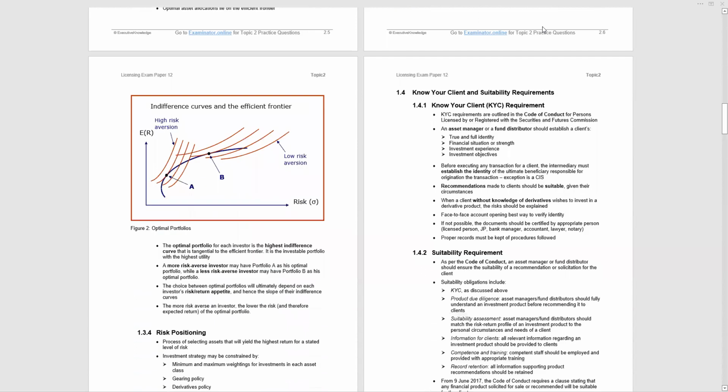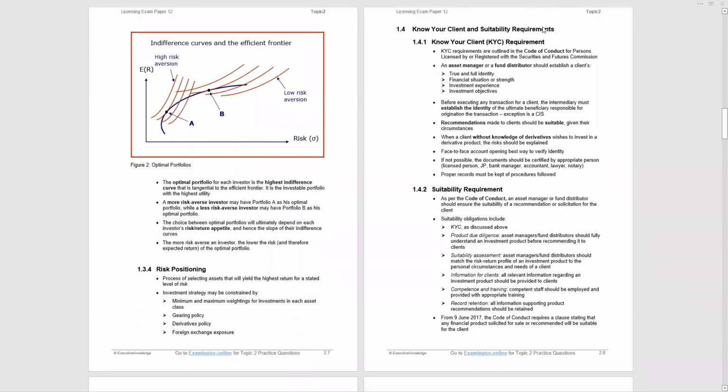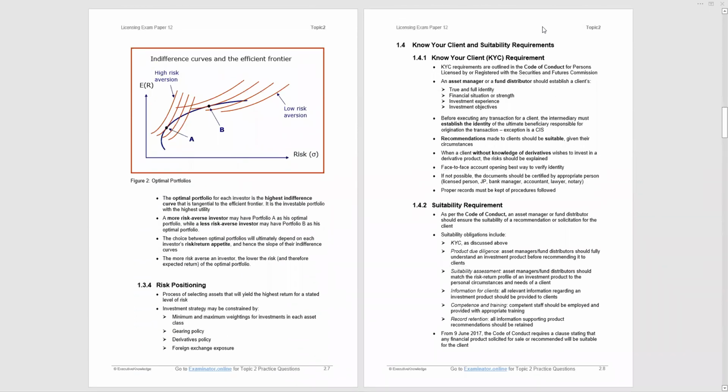Now, we add to that the concept of indifference curves. Indifference curves is just a way of expressing investors' preferences. If you have a preference for low risk, then you are going to have what we say is flat, shallow indifference curves.